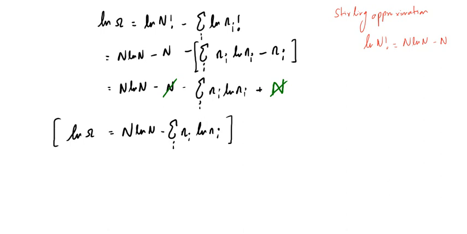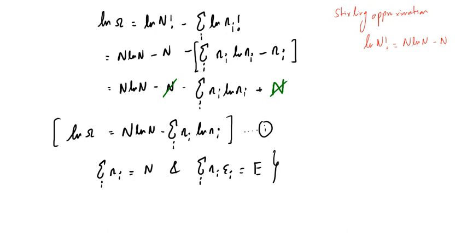So let us say this is the function that we have, our main function, and also we have our constraints: summation over i of ni equals n, and summation over i of ni epsilon i equals E. So these are the two constraints.